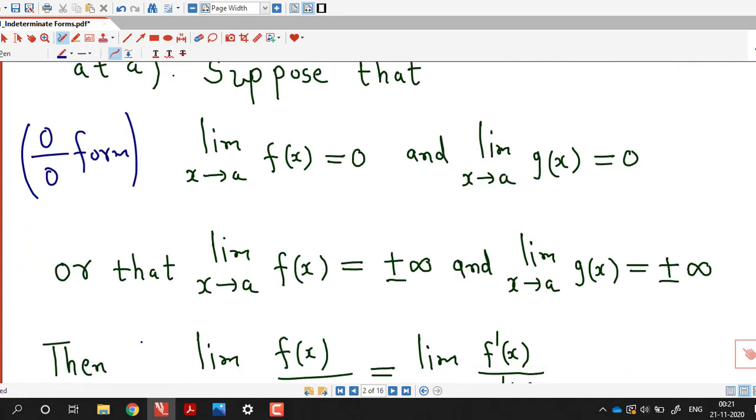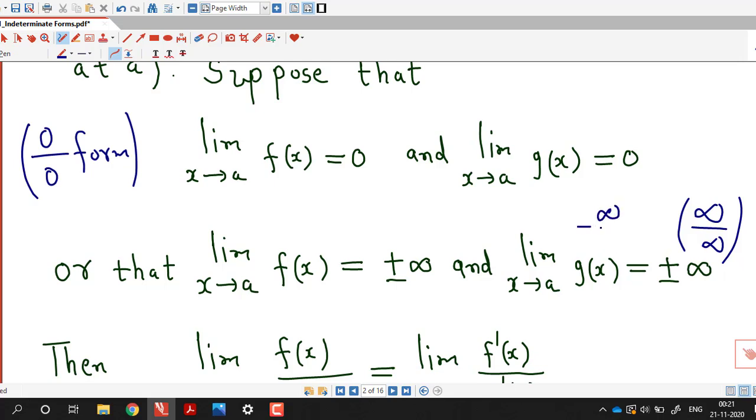Or suppose the limit of f(x) is plus or minus infinity and the limit of g(x) is plus or minus infinity. That means we have infinity by infinity form. Here the sign of infinity does not matter. If you have positive infinity or negative infinity, you can apply L'Hospital rule.